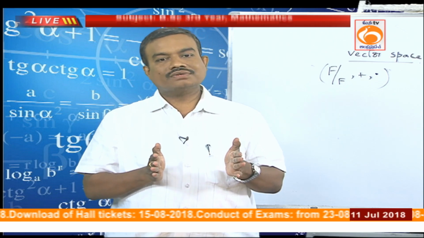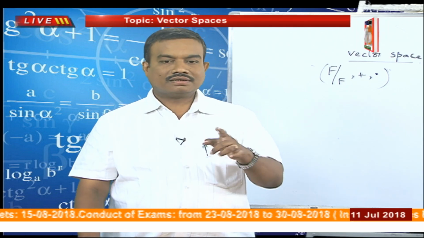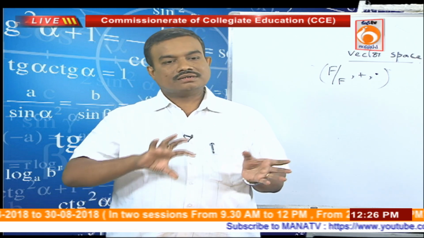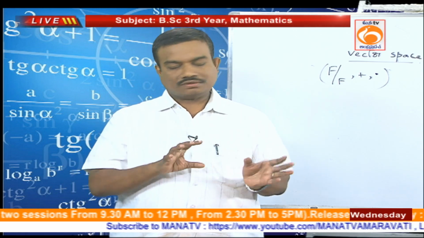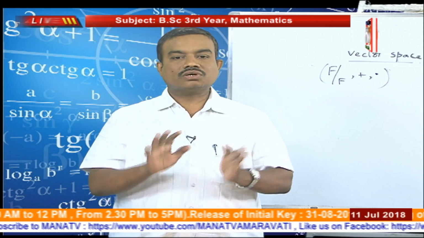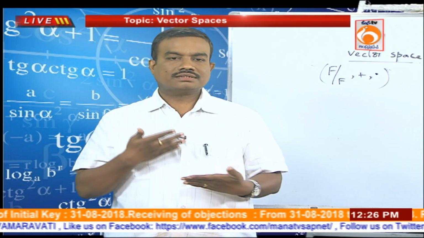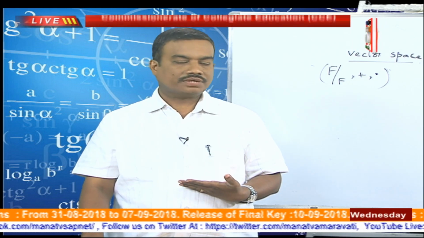So, in the available time I have given an example of a vector space and an example of a set which is not a vector space. There are so many exercises, verifications and examples in any textbook on this topic that you can see.